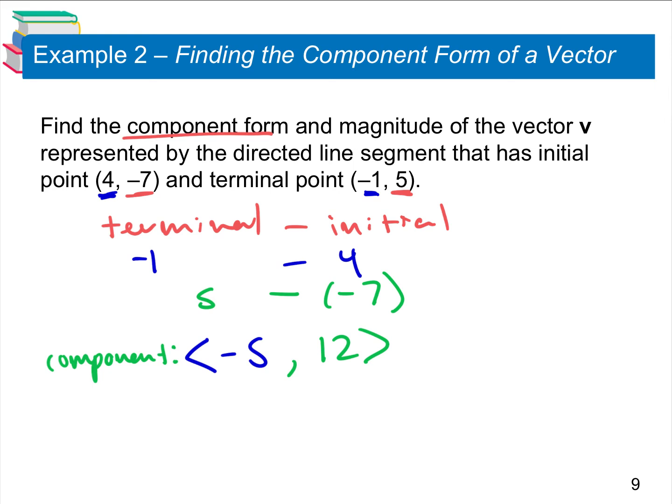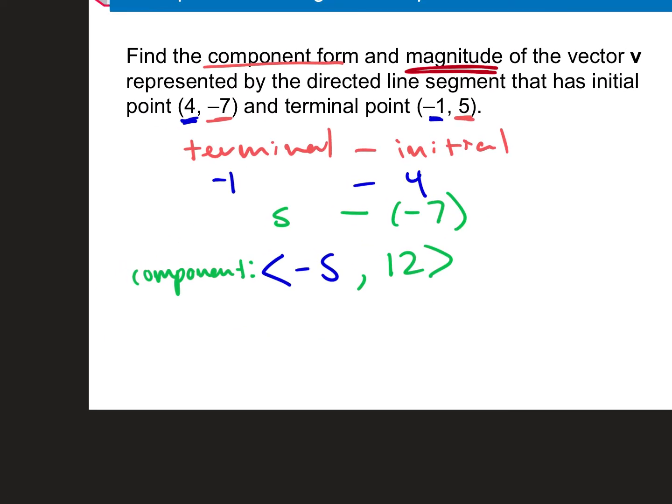And then to find the magnitude, once we have it in component form, we can take the square root of the first one squared, so -5 squared, plus the second one squared.